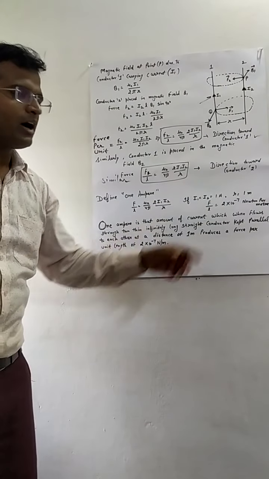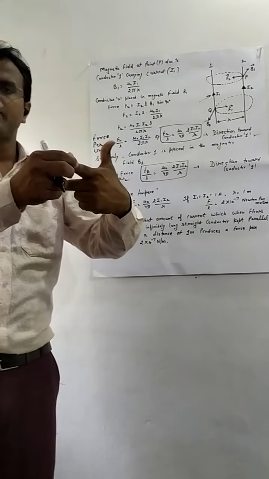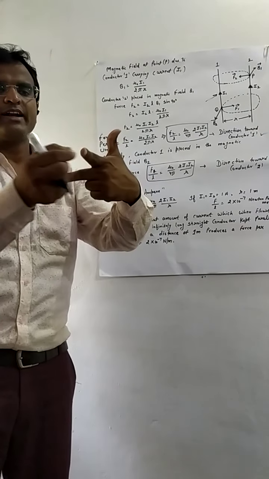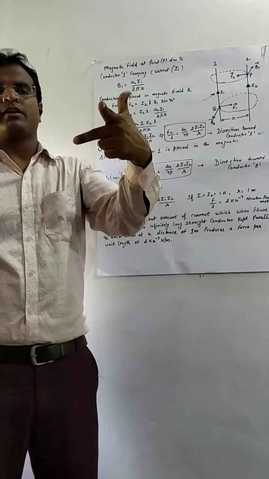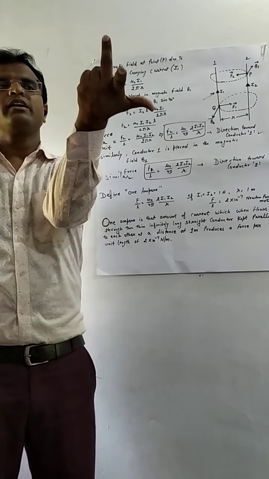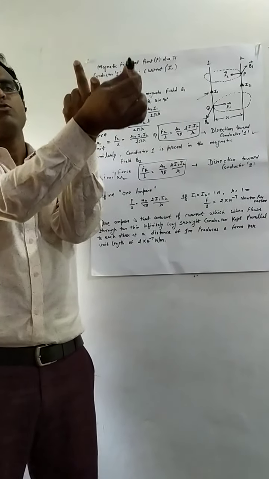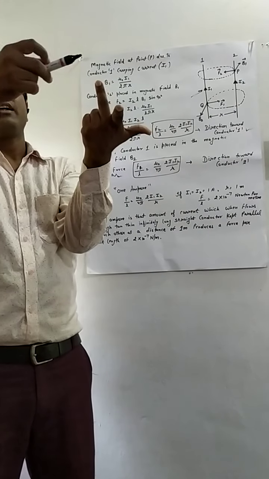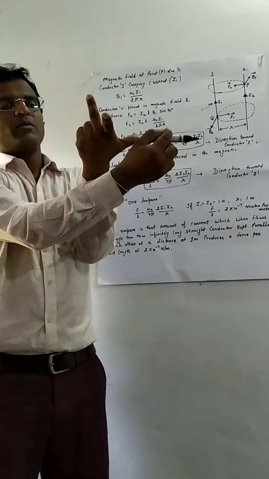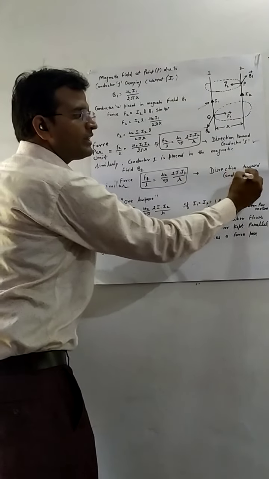And what is the direction? Again, the direction of force is calculated by Fleming's left hand rule. This is the direction of magnetic field, out of the paper. This is the direction of current, then the thumb gives the direction of force, and the direction of force is toward conductor 2.